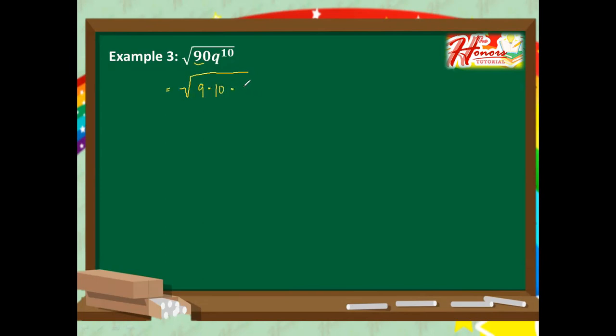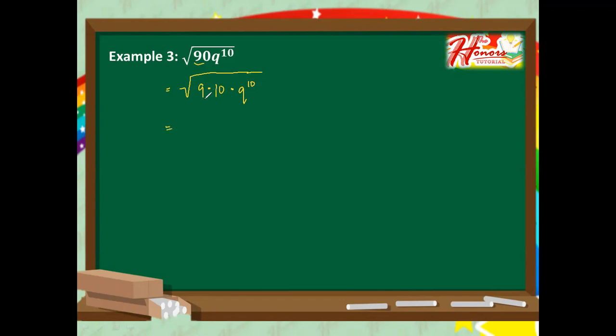And then times q raised to 10. Please don't forget to extend your radical symbol until all of the terms are covered by the radical symbol. Because if it is not covered by the radical symbol, then it is not included in our radical symbol. It is outside.